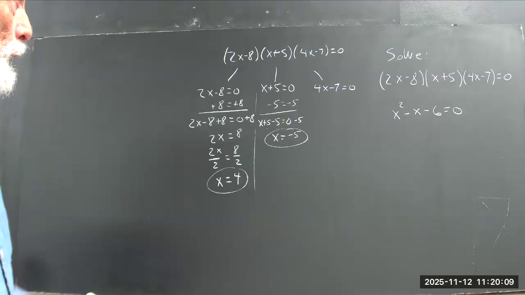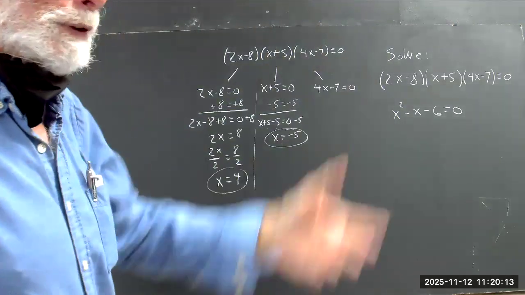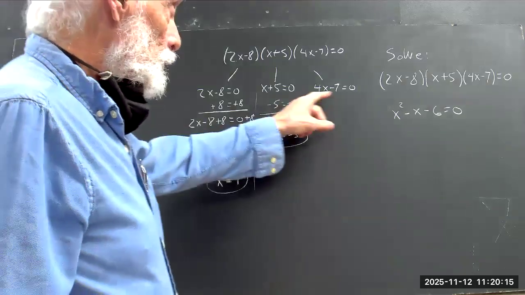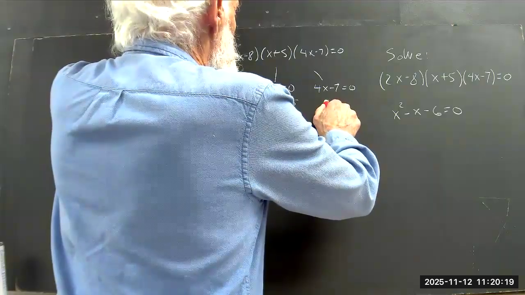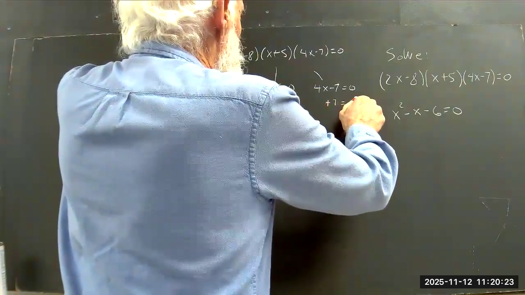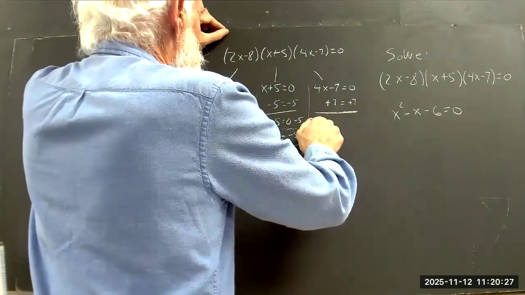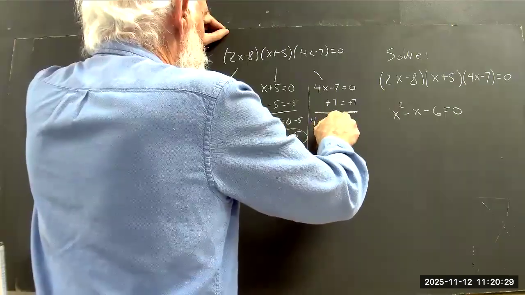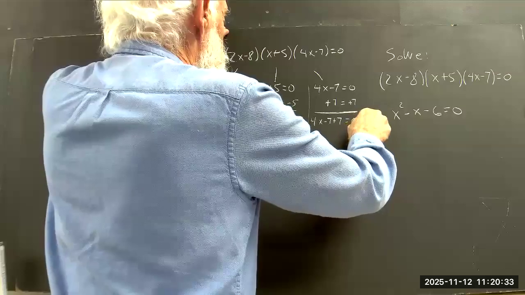And this one is fairly obvious. It's possible to figure it out. On this one, it's also possible, if you understand fractions well enough, to figure out what that ought to be. But most people are probably going to want to add 7 to both sides. And then you get 4x minus 7 plus 7 equals 0 plus 7.